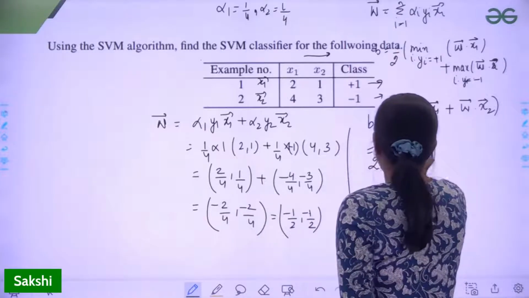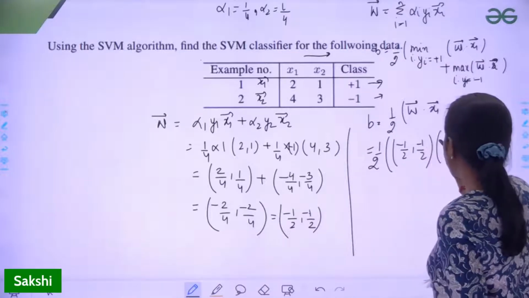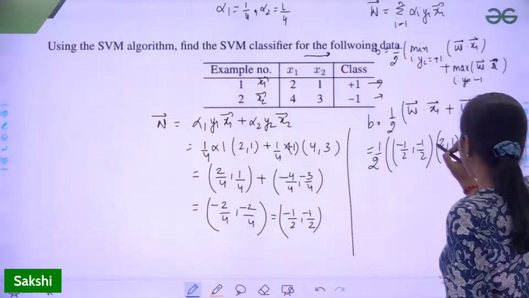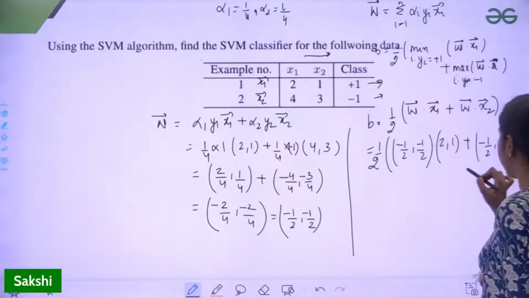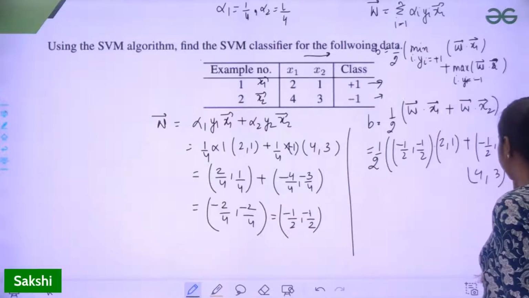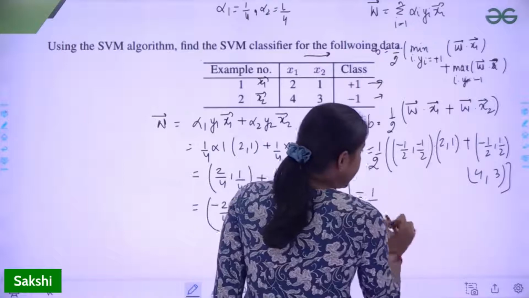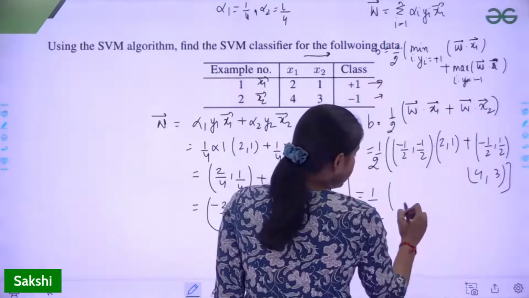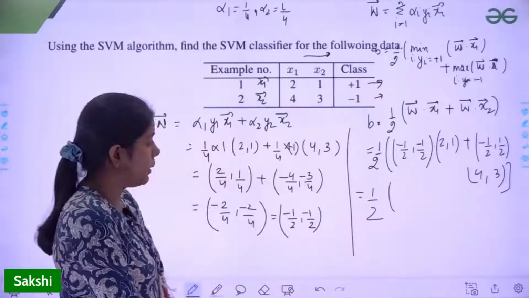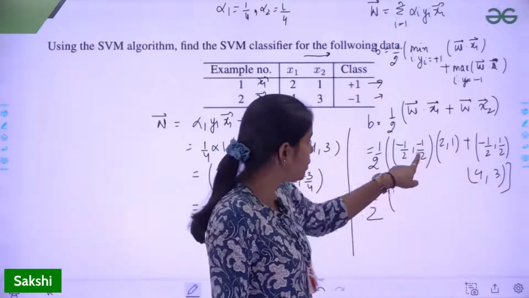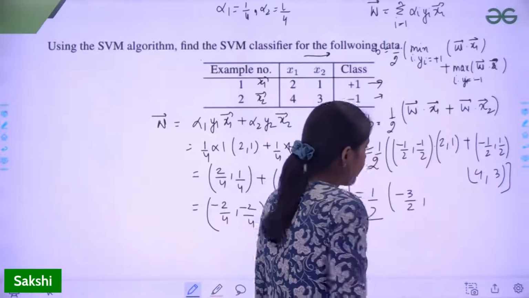Now let's find the value. 1 by 2, and w vector is minus 1 by 2 comma minus 1 by 2 dot x1, where x1 is 2 comma 1, plus the dot product of minus 1 by 2 comma minus 1 by 2 with x2 vector, which is 4 comma 3. Now let's solve it. We have 1 by 2 outside. Minus 2 by 2 and minus 1 by 2 would become minus 3 by 2.